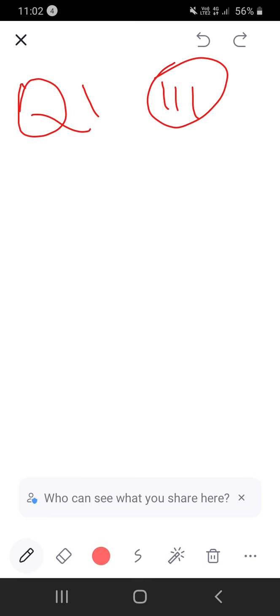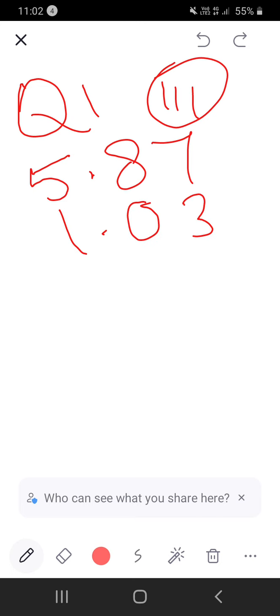You can see here in 7.3, children, in question number 1, in the third, there is a question: 5.87, 1.03 and 0.1.